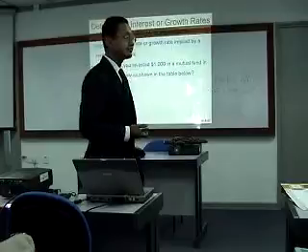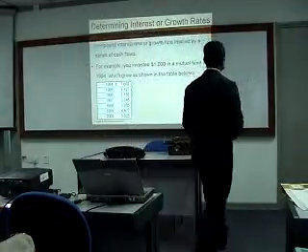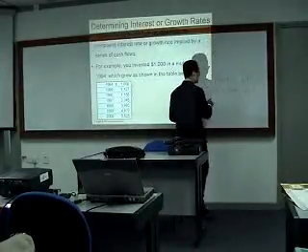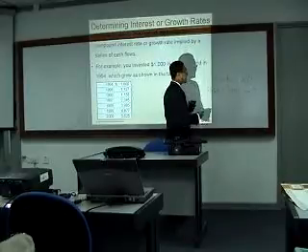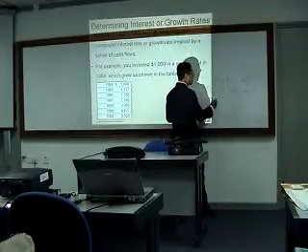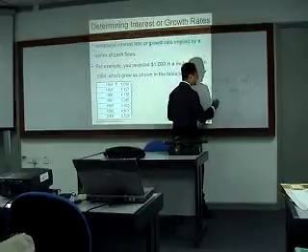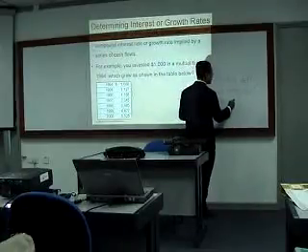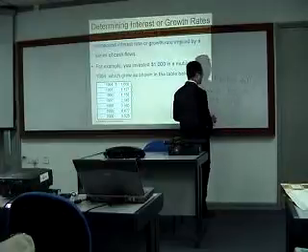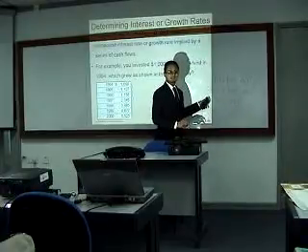How do you get it? You divide by 1,000, so 5.525 is equal to (1 plus k) to the power of 6.